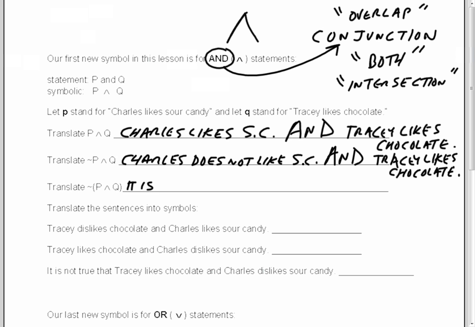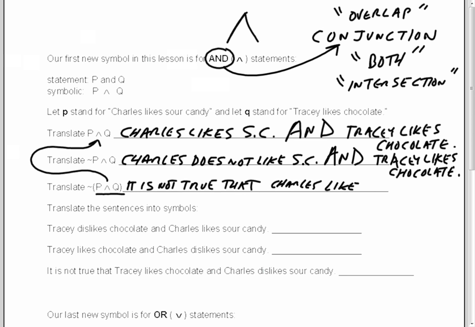It is not true that, and then you just write exactly what's inside the parentheses, and that is exactly what's in our first line, 2 lines above. So I'm just repeating what it says there. Charles likes sour candy, and Tracy likes chocolate.